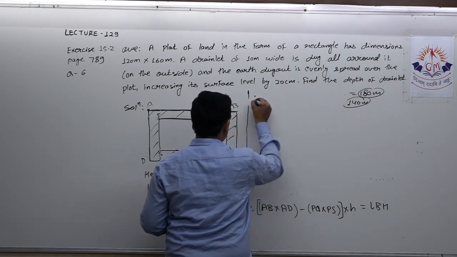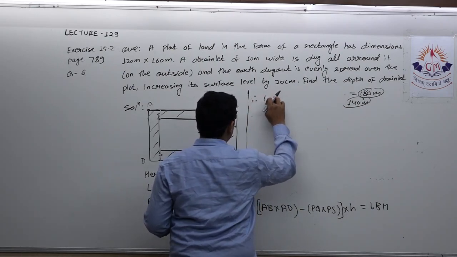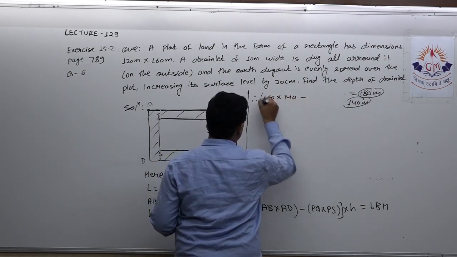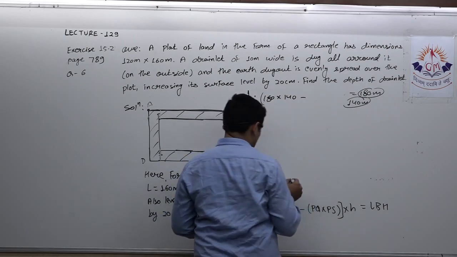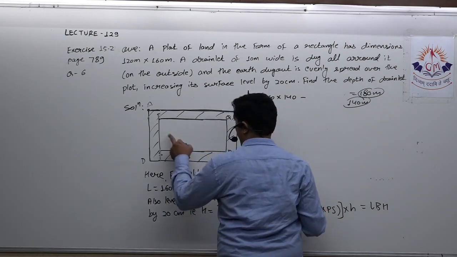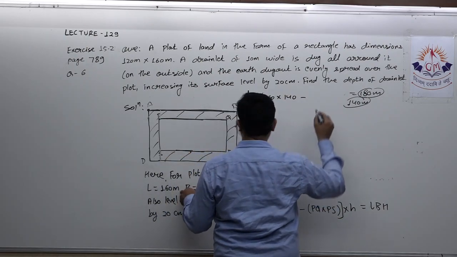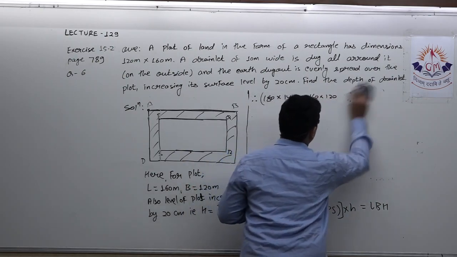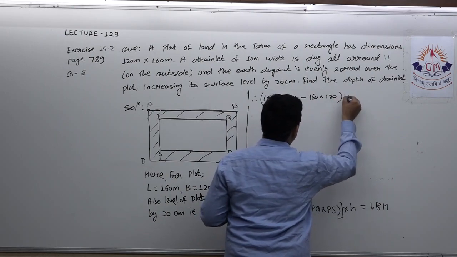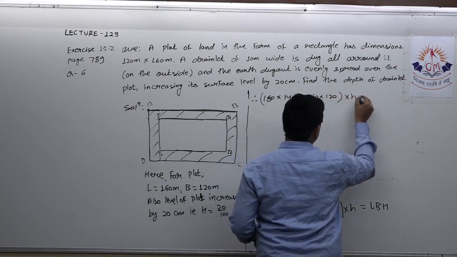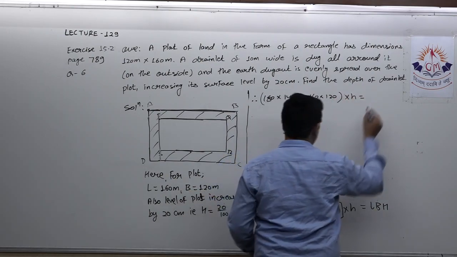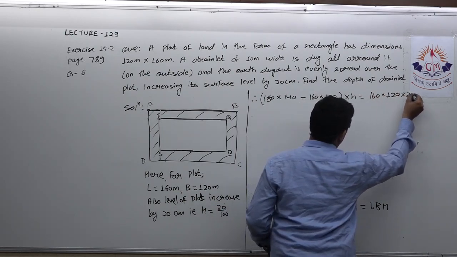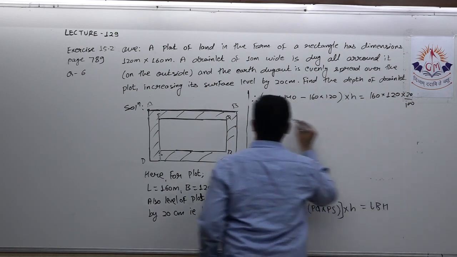Therefore, 180 multiplied by 140 minus PQ into RS, that is 160 into 120, multiplied by small h, is equal to 160 multiplied by 120 multiplied by 20 upon 100.